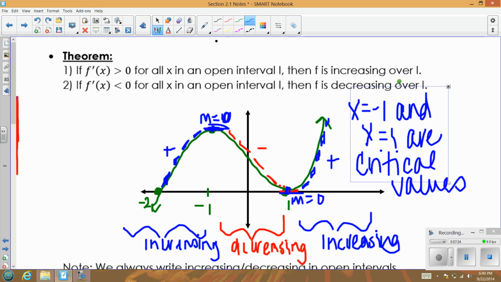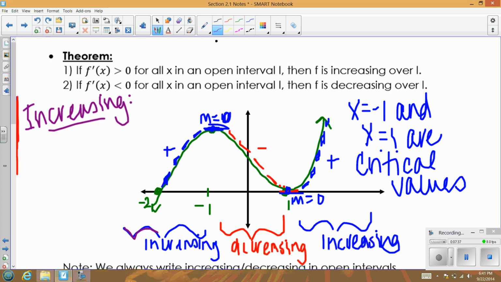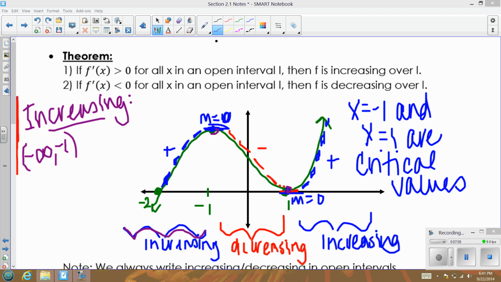But the main thing here is if I were to talk about the increasing or decreasing of this function, the function is increasing on the interval from -infinity to -1. And you always are going to write increasing or decreasing in open brackets because at these points, those are critical values and those are not included in the increasing or decreasing. That's where the function changes. So it was increasing from -infinity to -1 and then again from 1 to +infinity.